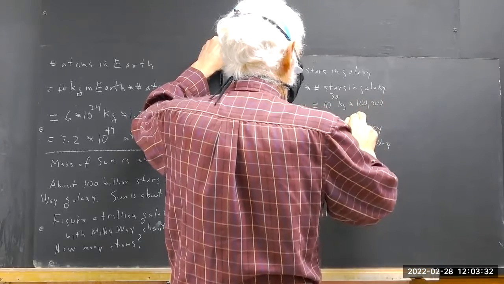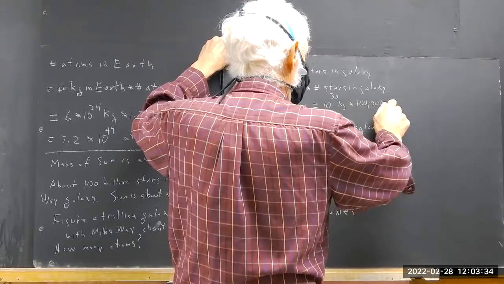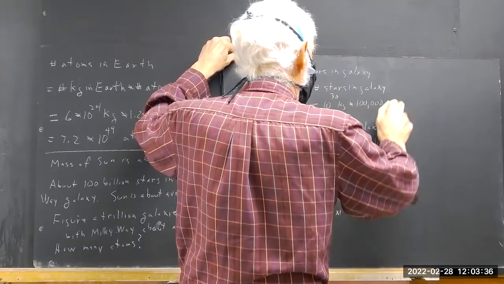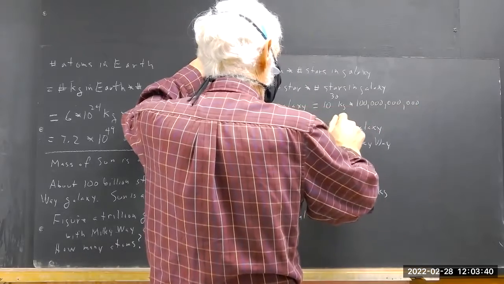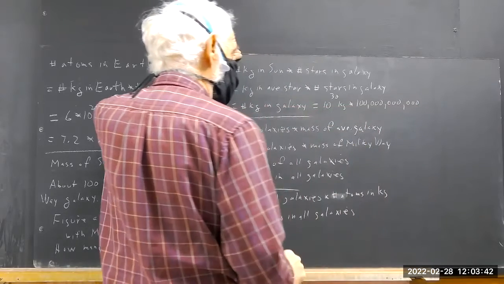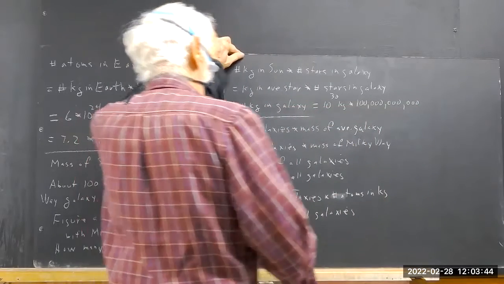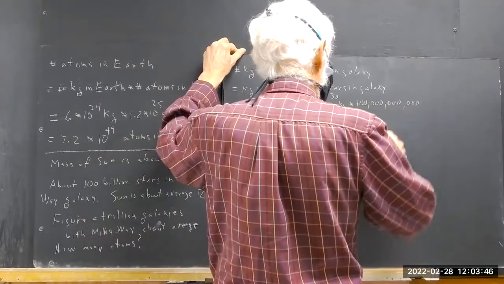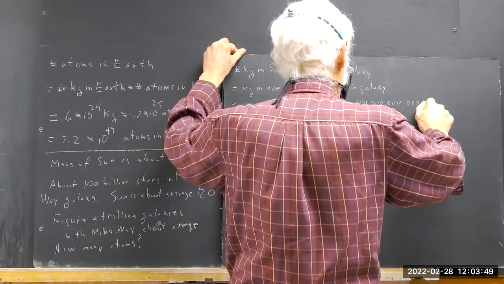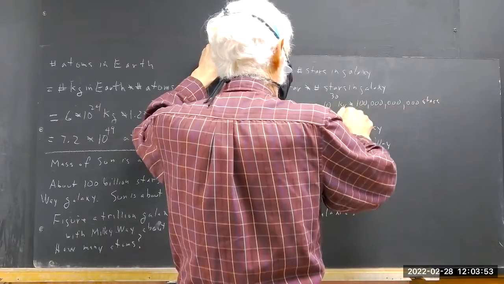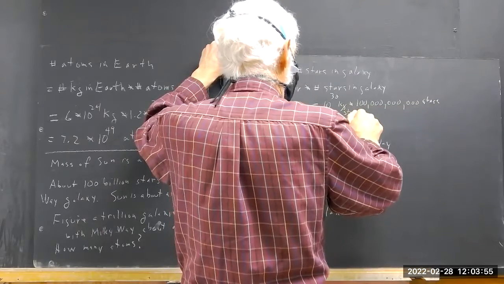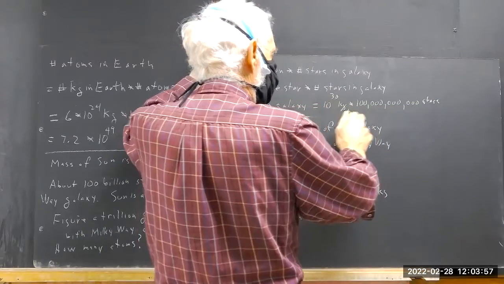There's 100, there's 100,000, there's 100 million, and there's 100 billion. Let's say 100 kilograms per star times 100 billion stars.